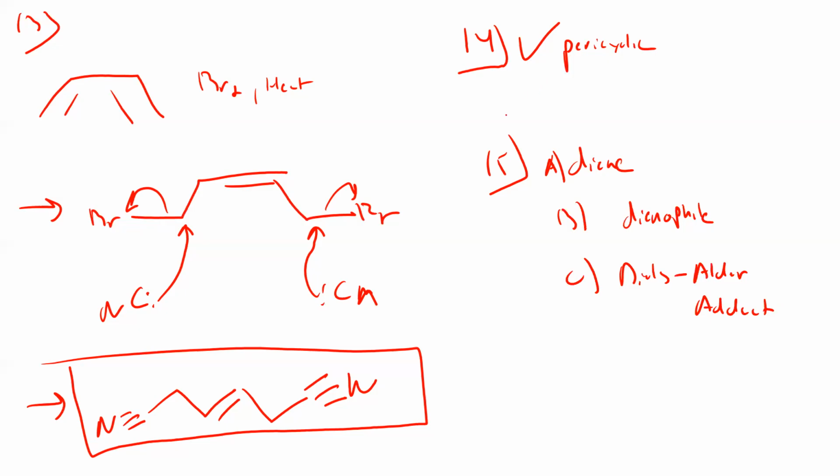So 14, okay, so I got this a little mixed up, but this will be 16. 15 is also pericyclic. I must have skipped over that one, but we have two pericyclic ones. So 14 and 15 are pericyclic. 16 then is your diene, dienophile, and Diels-Alder adduct.